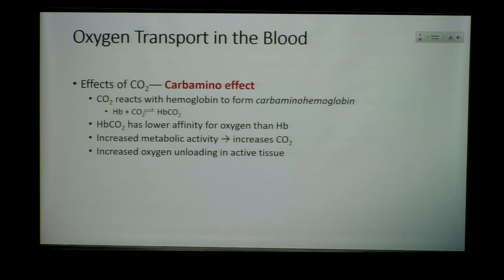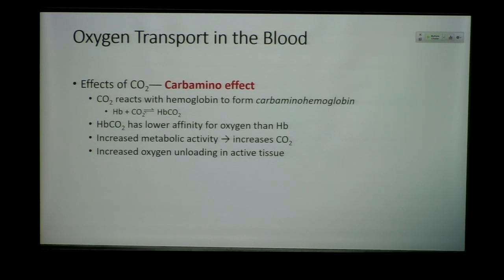And so when we have this carbaminohemoglobin, this lowers the affinity for oxygen. Okay, so basically the big picture here is that in excess states, or if there's excess carbon dioxide, hemoglobin does not want to bind onto oxygen. It wants to let it go or to dissociate it.